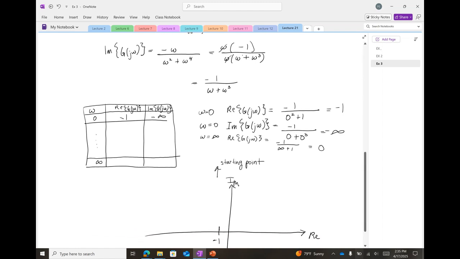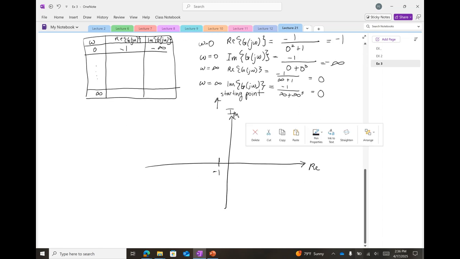Anything divided by infinity is 0. Okay, and then the imaginary part at omega equal to infinity is given by negative 1 divided by infinity plus infinity cubed, which is kind of weird, but again, this should be 0. Okay, so our ending point is here at 0.